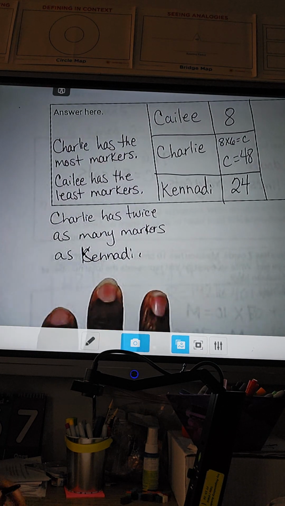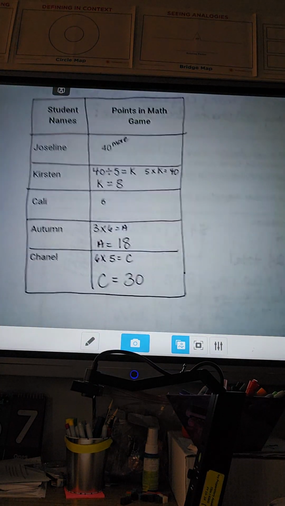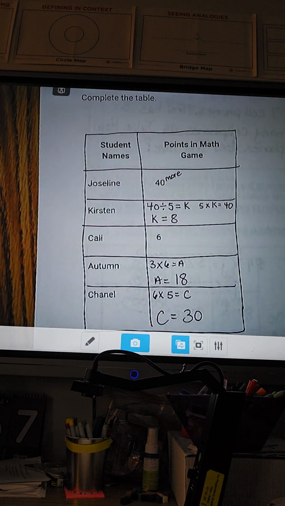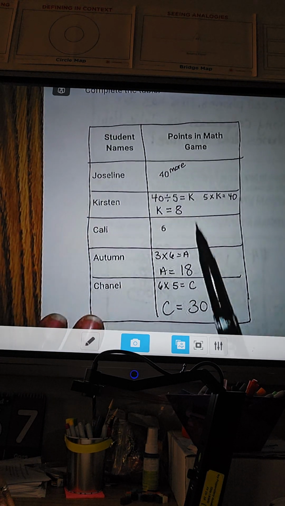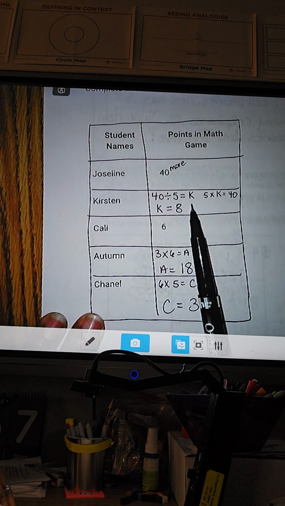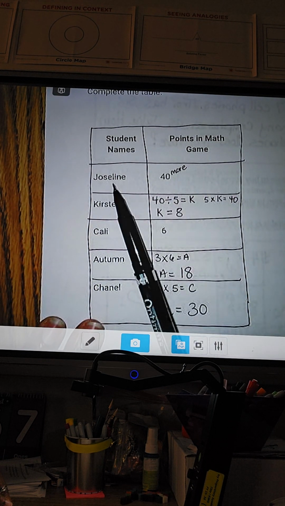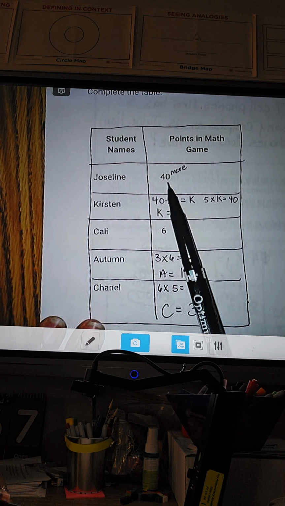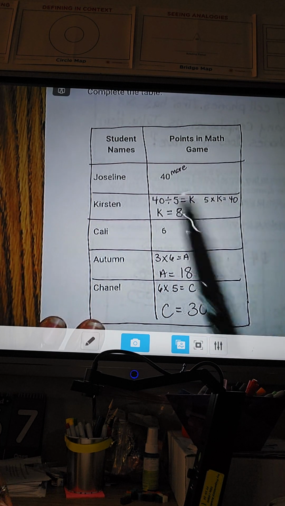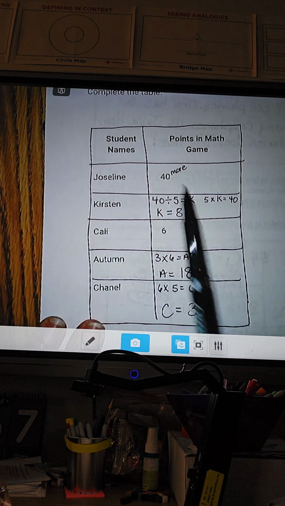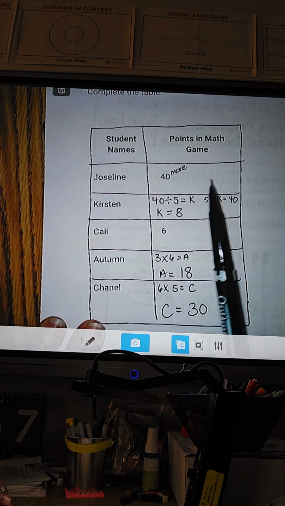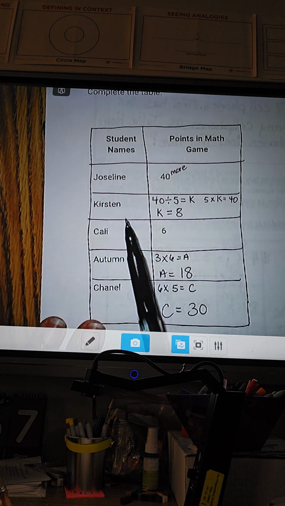Okay? All right, that was a short review, but it's a review nonetheless. So tomorrow is your assessment. Please make sure you understand. My concern is especially this one, understanding that you do not multiply if they're saying that Jocelyn has a certain number times more. So if she has 5 times more, that means that she has more than Kirsten.